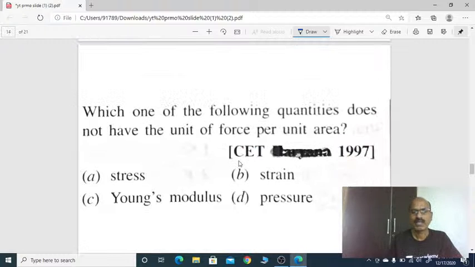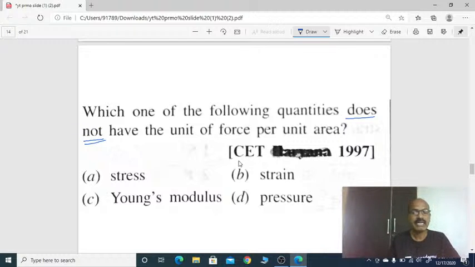Here it is. Which one of the following quantities does not have the unit of force per unit area? Right? That's the key point.